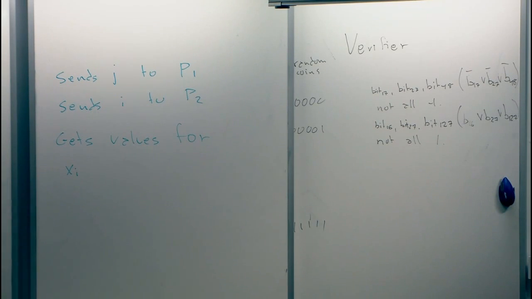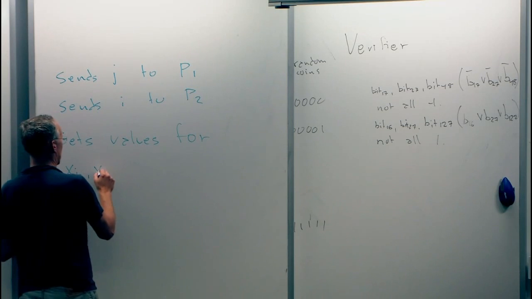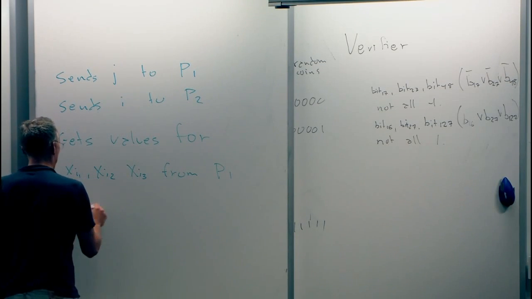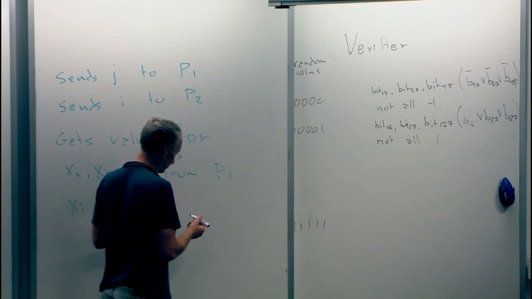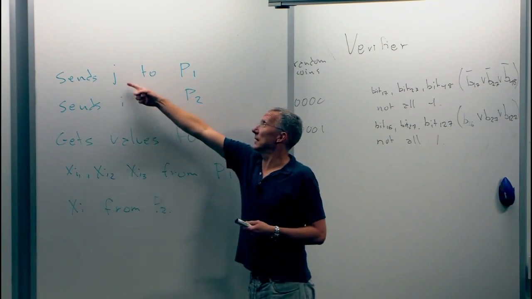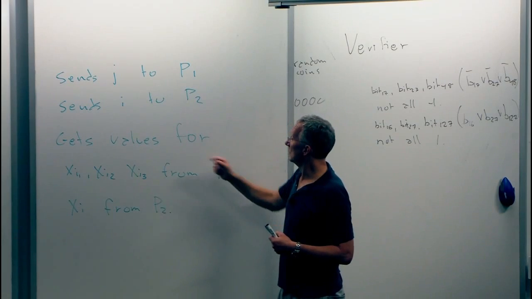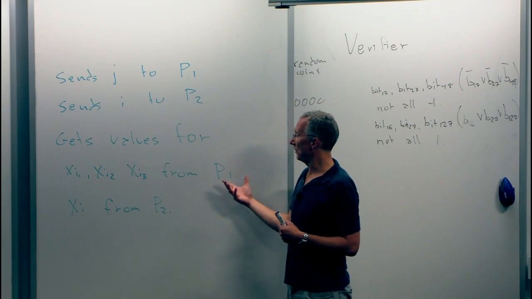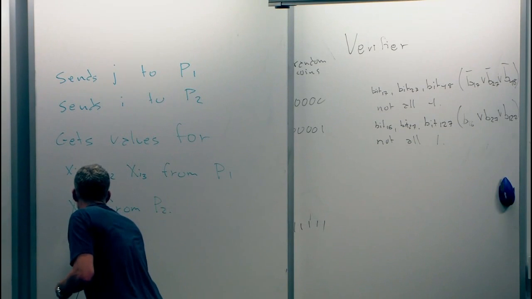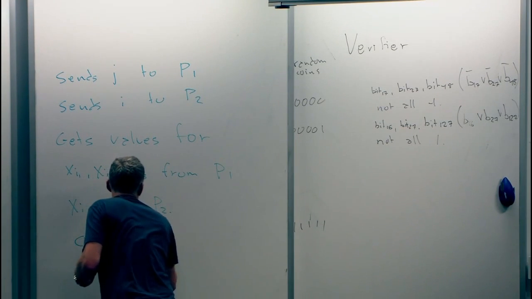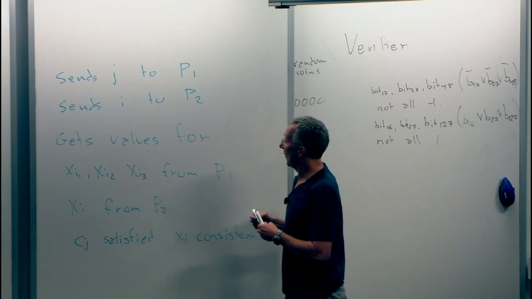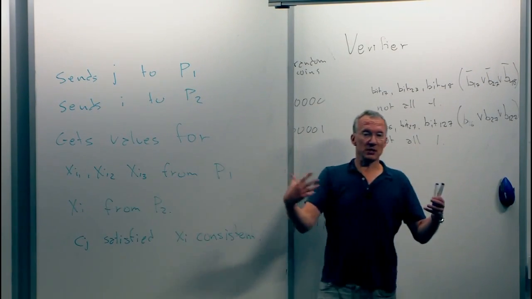There might be negations on some of the variables. He sends the identity of the clause to P1 and the identity of a variable to P2. Then he gets values for all three variables in the clause from P1, and a value for one variable from P2, and he checks that Cj is satisfied and Xi is consistent. So notice he gets values for all three variables in the clause and two values for one of the variables, and he checks that those agree.